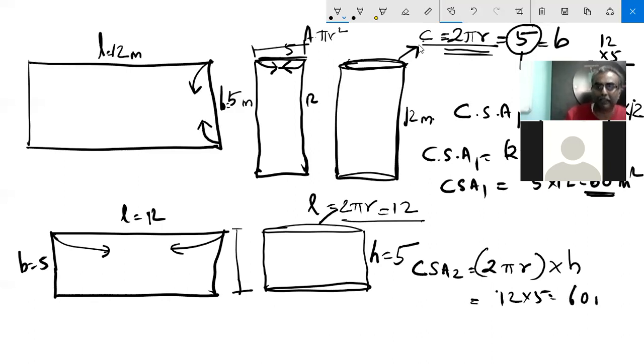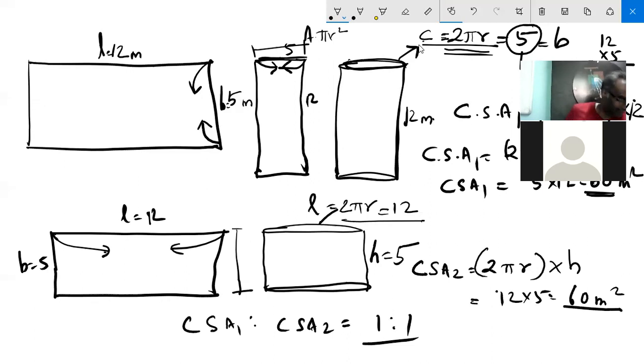Exactly, this is also 60. So CSA 1 is to CSA 2 equal to 1 is to 1, the same ratio, because they have the same curved surface area.